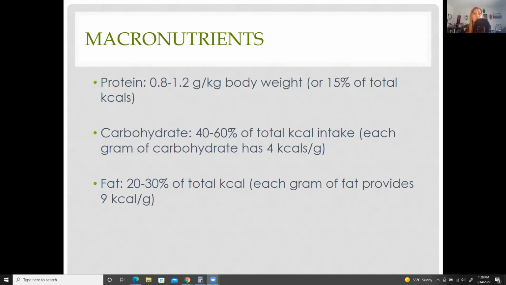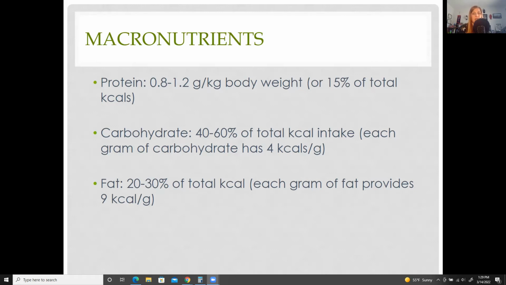A lot of trainers that I see will recommend anywhere from 1 to 2 grams per pound of body weight. And that is really, really high, and frankly, for most people, probably way too much. If you're not familiar, 1 kilogram is equal to 2.2 pounds, so you basically divide your body weight by 2.2.